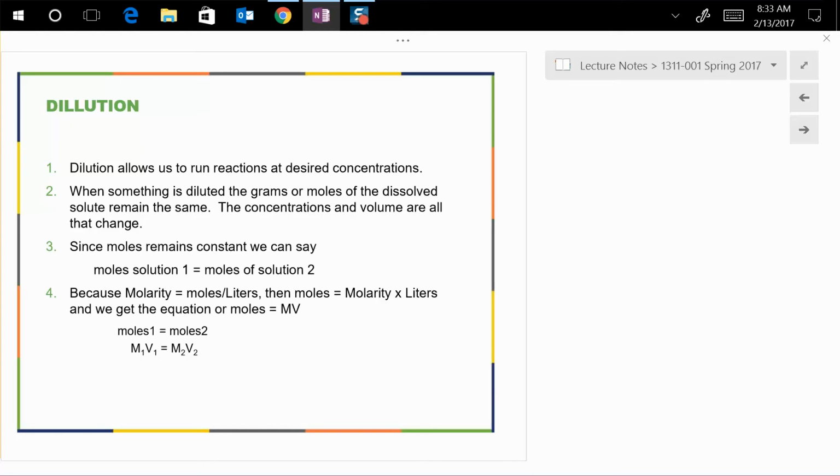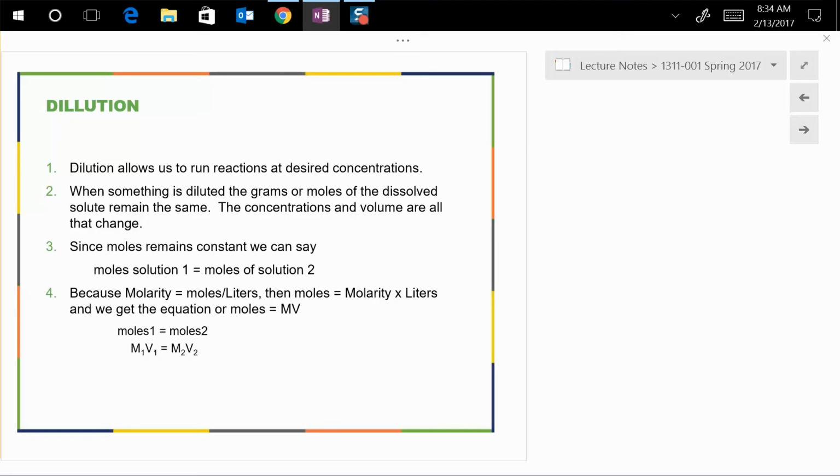And sometimes it gets contaminated, and you're like, oh, no big deal, I'll just make another dilution from my stock solution. They call it the stock solution, because you keep that solution pure, and the other one you use for the dirty work. And it might get contaminated or whatever, but you're like, hey, no big deal, I'll just go back to my stock solution. So that's where dilutions come in.